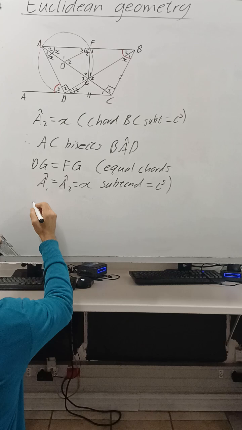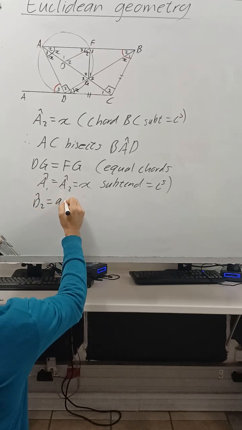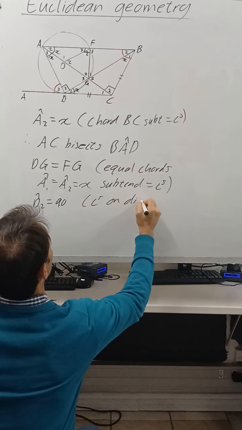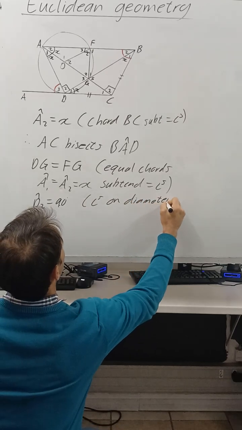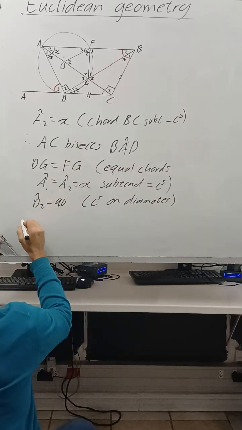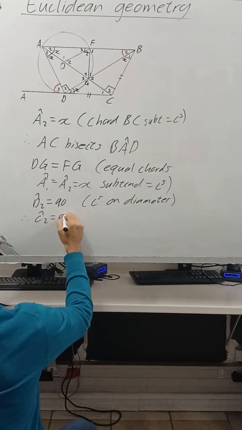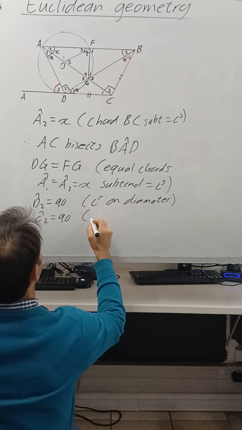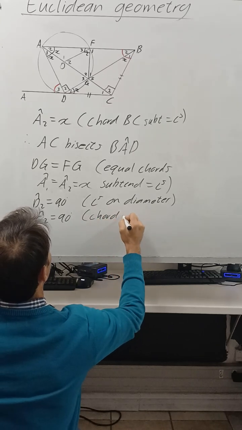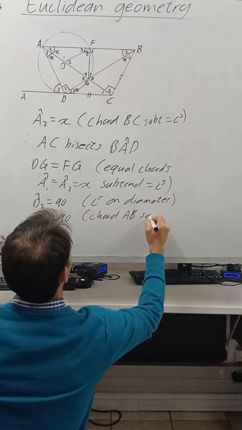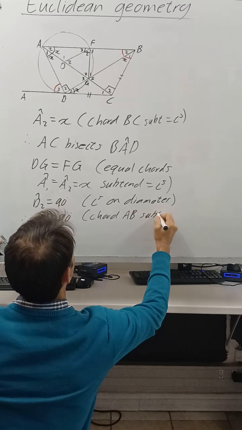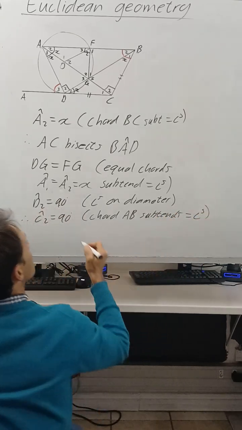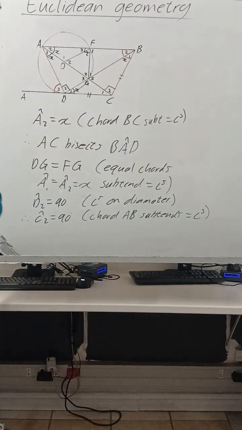So we're going to say D2 is equal to 90, angles on diameter. And then we can say, therefore, C2 will be 90, chord AB subtends equal angles in the cyclic quadrilateral.